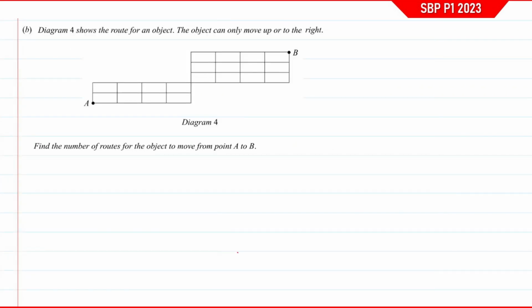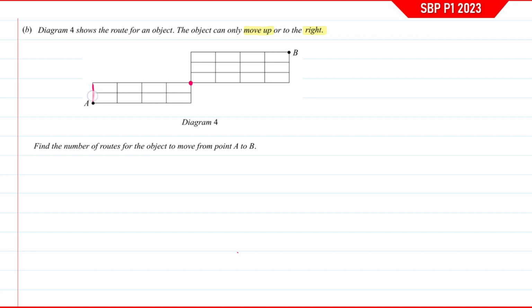Question B. Diagram 4 shows the routes for an object. The object can only move up or to the right. Find the number of routes for the object to move from point A to point B. The movement from point A to point B, we can divide into 2 different parts. The first part is from point A until this point here. As the object can only move up or to the right, no matter which route you choose, from point A until this point, the object is always going to travel 6 places.